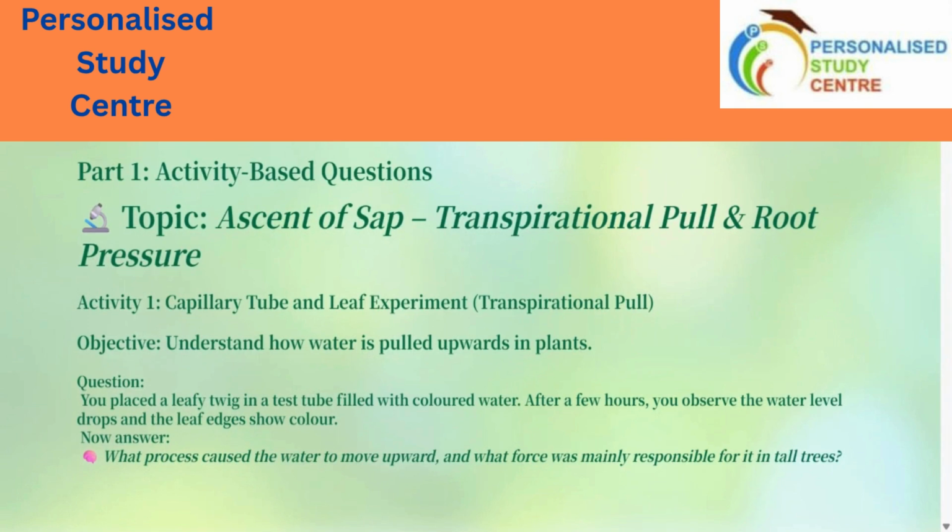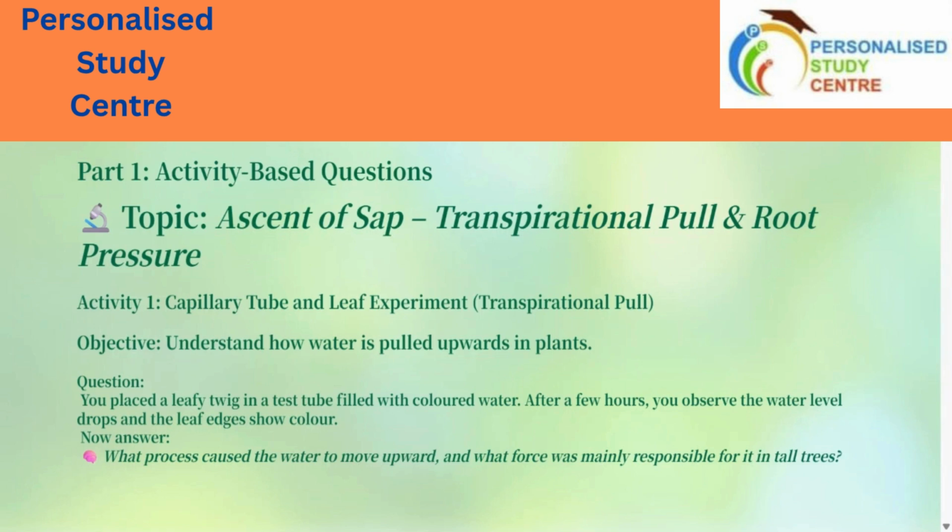That is the activity. So in this activity, what we are going to see is the capillary tube and a leaf experiment. So here we are going to study about transpiration. Our objective is to understand how water is pulled upward in plants.